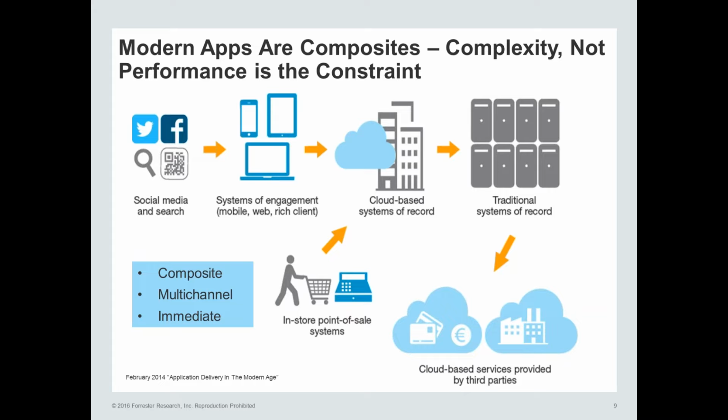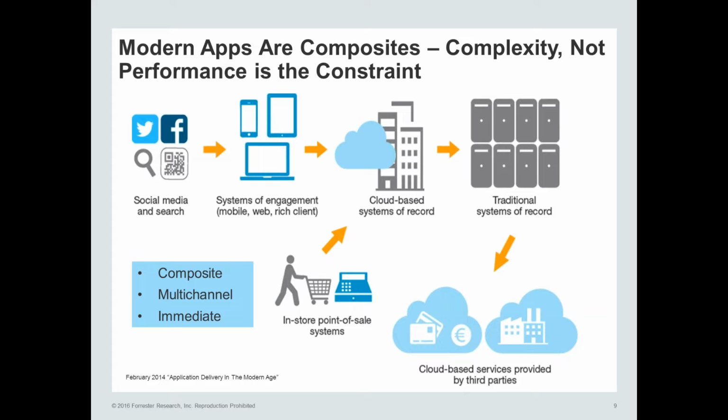We now have very complex composite applications. We have systems of engagement. We have traditional systems of record. Some of these things are hosted in the enterprise data center. Some are hosted in the cloud. They are hooked up to point of sale systems and other enterprise, retail enterprise systems.